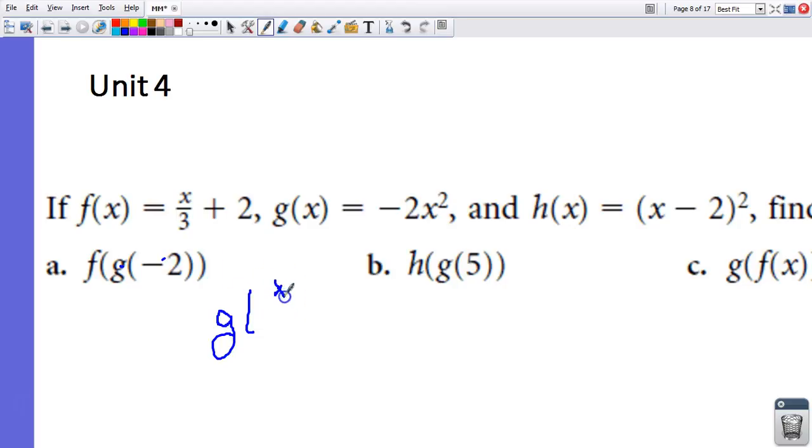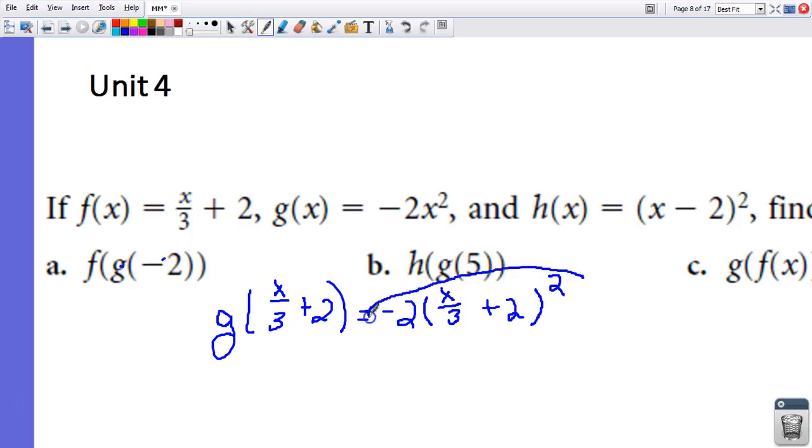So in g of x, I'm going to rewrite it, but where the x is, I'm going to leave a really long blank space, okay? So there's my g of x, but instead of x, I'm just going to put all of f of x, which is x over 3 plus 2, okay?